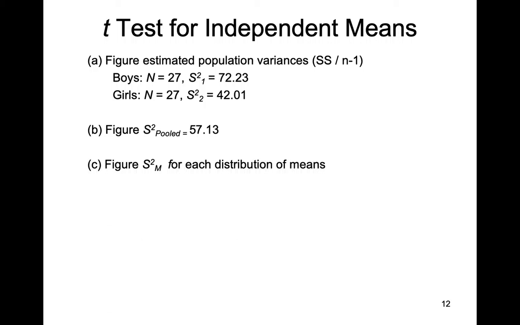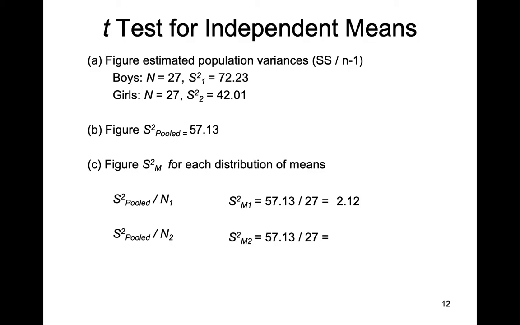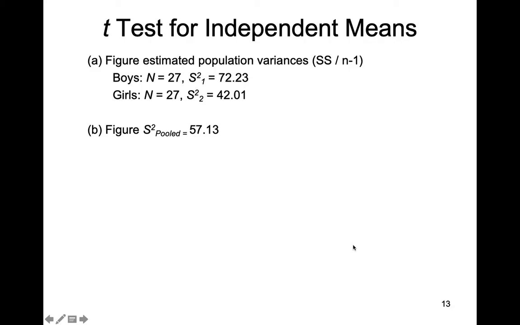From our pooled estimate of variance, we're going to get the variance for each of the distributions of means. We do that following Rule 2a, where we just divide that pooled estimate of variance by n. In this case, again, it's a more simplified example than last time. n is the same, so that makes our calculations easy. The variance for the distribution of means for boys is 2.12. The variance of the distribution for girls is also 2.12.